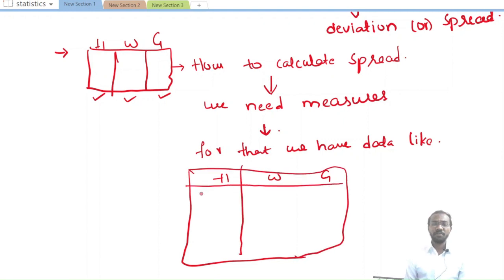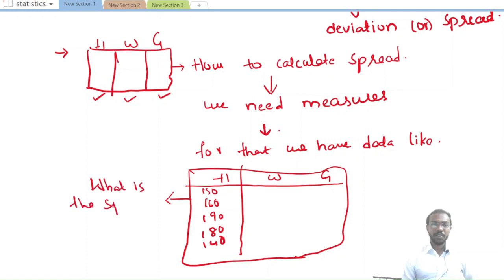In this height column, we have various values in centimeters, like 150, 160, 190, 180, 140. Now, tell me, looking at this data, can we say the spread of the data? What is the spread for this data?